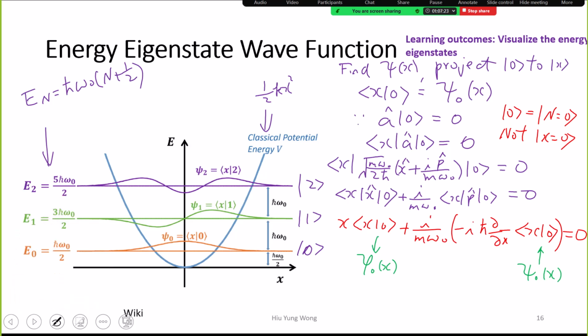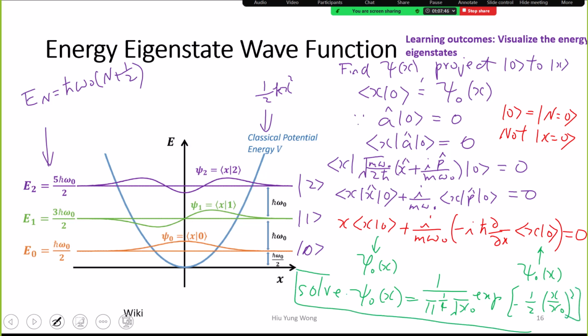And now if you solve this differential equation, you will get psi 0 x equal to 1 over pi to the power 1 over 4 square root x naught, times exponential of minus 1 over 2 x divided by x naught squared, which is this wave function.